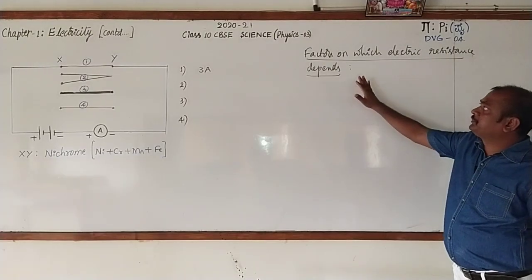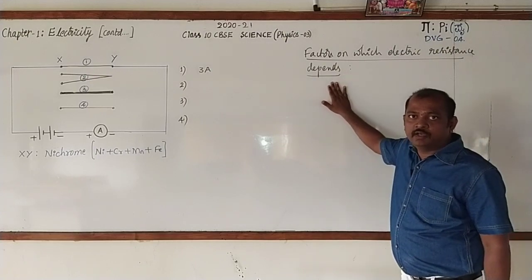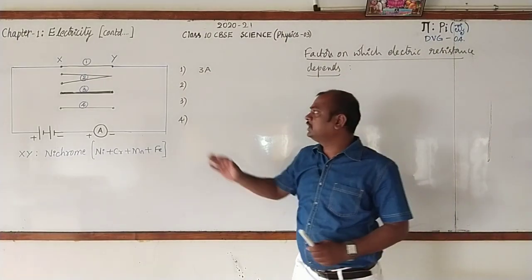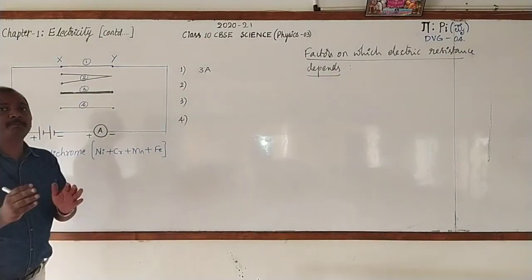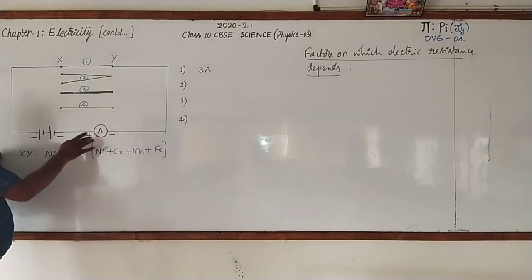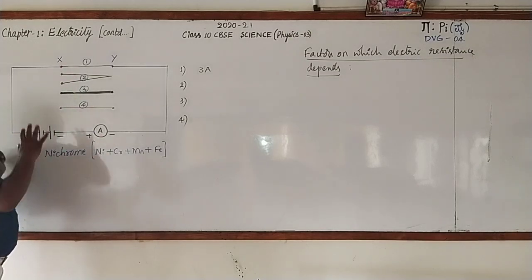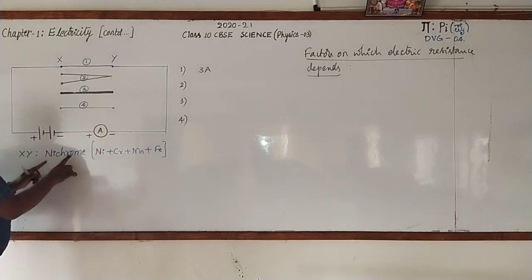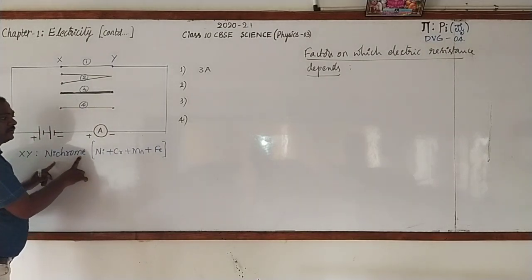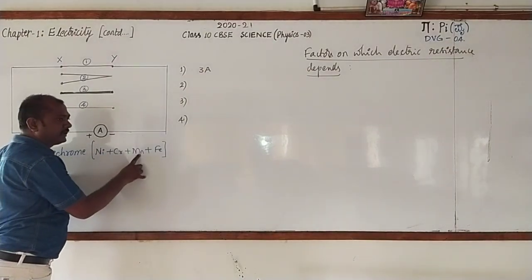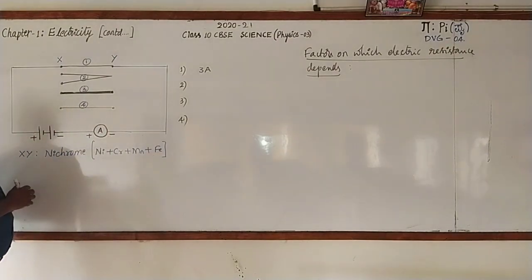Dear students, to understand the factors on which electric resistance depends, I have drawn a simple circuit diagram. Just observe, we have used a battery, an ammeter, and XY is an electrical component. That XY is nichrome. As it is an alloy, it is a combination of nickel, chromium, manganese and iron.